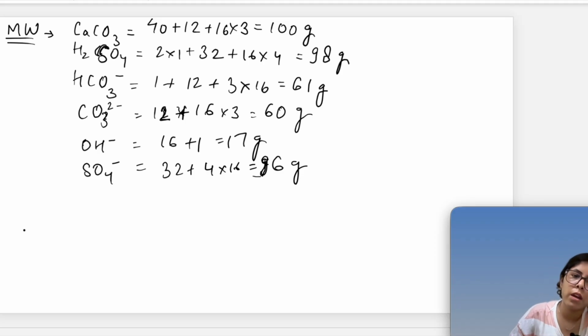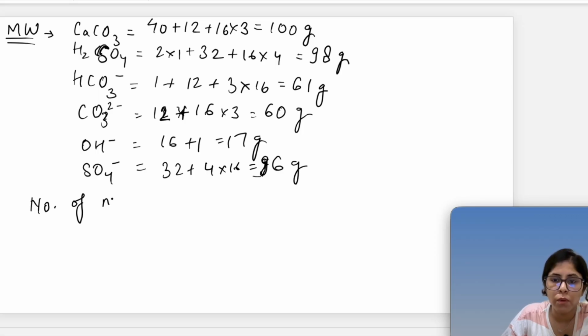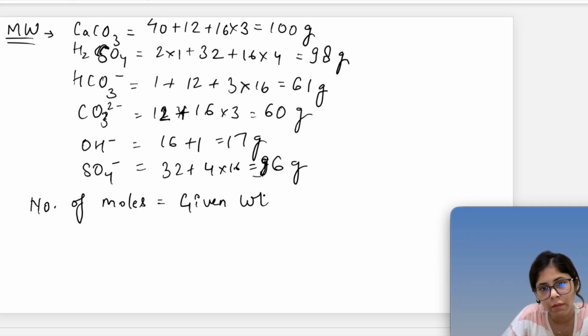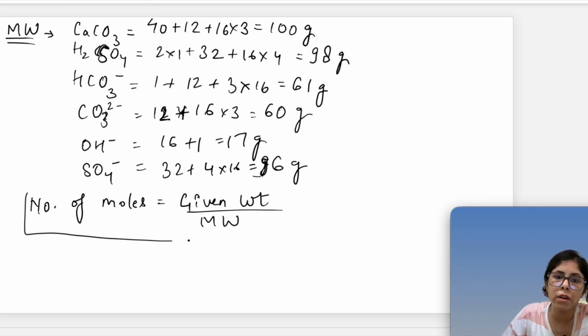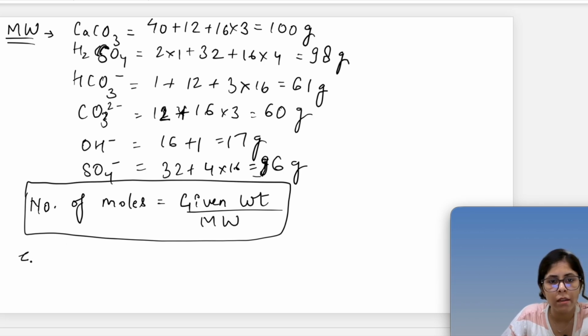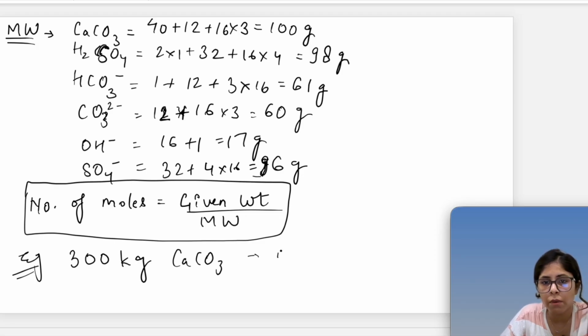Now, if I want to calculate the number of moles in the system, the number of moles is nothing but given weight upon molecular weight. For example, if I have to calculate for 300 kg of calcium carbonate, CaCO3, what is the number of moles in this?